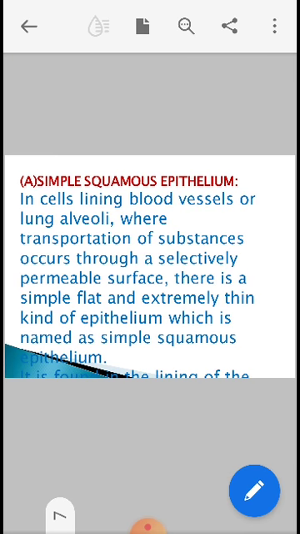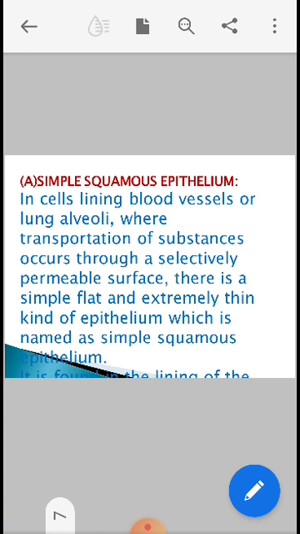Let's talk about the first type of squamous epithelium, that is the simple squamous epithelium. Now when we talk about the lung alveoli, or the lining of blood vessels, in cells where transportation of substances occurs through a selectively permeable surface, there is a simple, flat and extremely thin kind of epithelium which is named simple squamous epithelium.